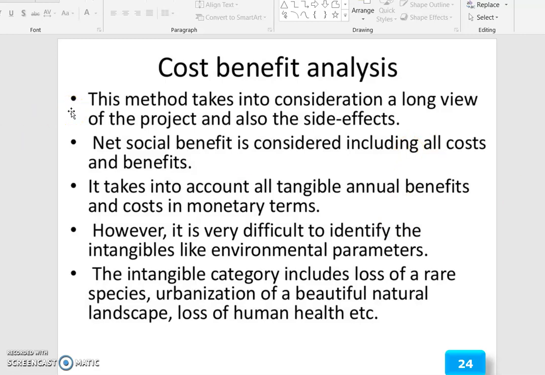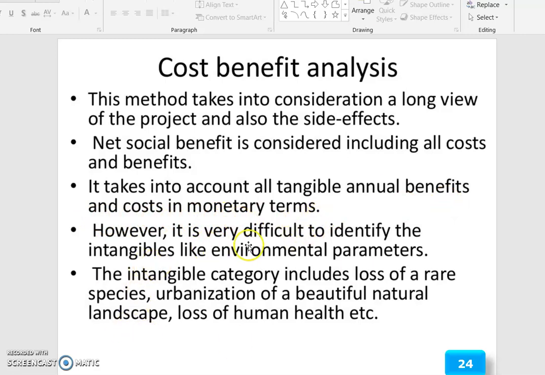The cost benefit analysis method takes into consideration a long view of the project and also the side effects. And net social benefit is considered, including all costs and benefits. It takes into account all tangible annual benefits and costs in monetary terms.